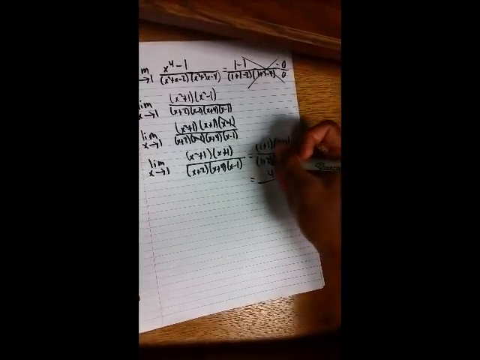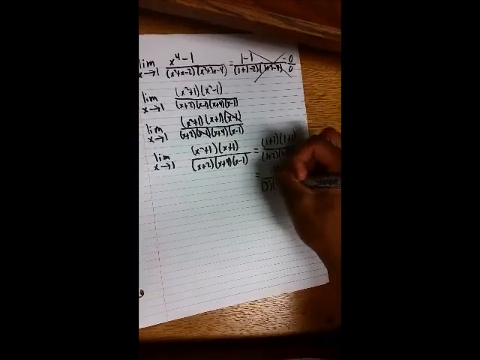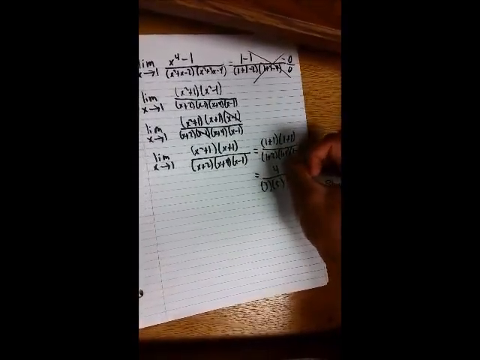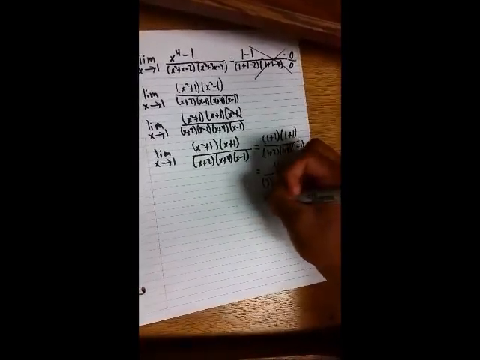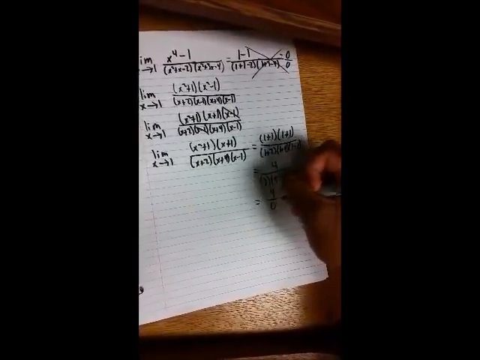On the bottom, 1 plus 2 is 3, 1 plus 4 is 5, and 1 minus 1 is 0. Since anything times 0 is 0, we're left with 4 over 0.